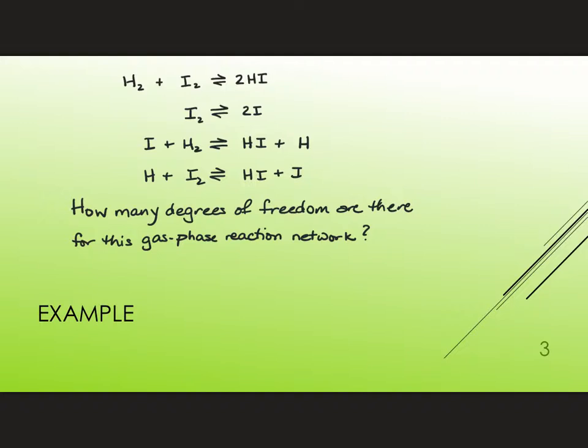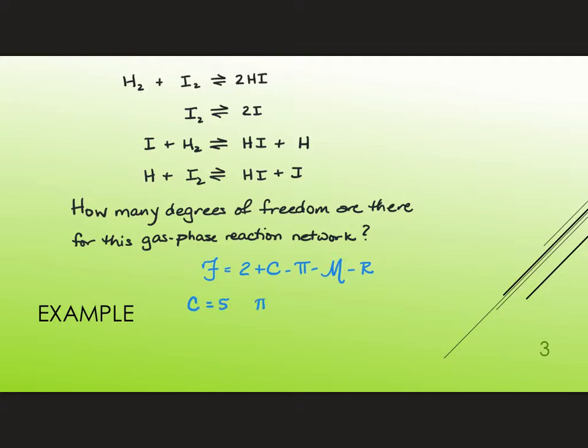Now, Gibbs phase rule tells us that the degrees of freedom is 2 plus the number of components minus the number of phases minus the number of independent reactions minus the number of restrictions. In this particular case, if we count, I have H2, I have I2, I have HI, I have I, and I have H, so I have 5 components possible.